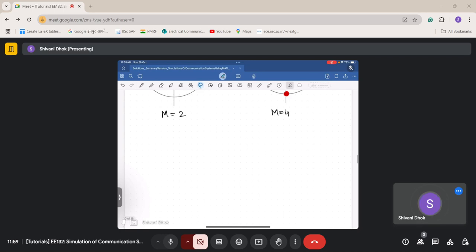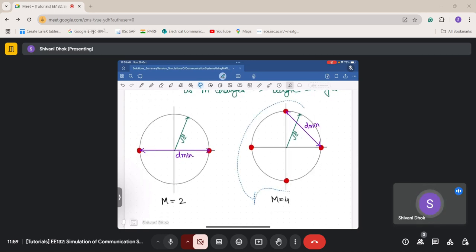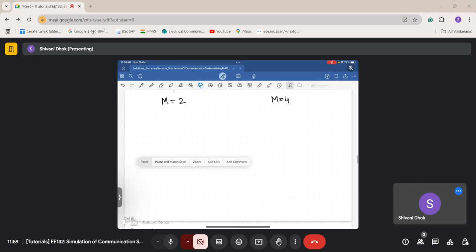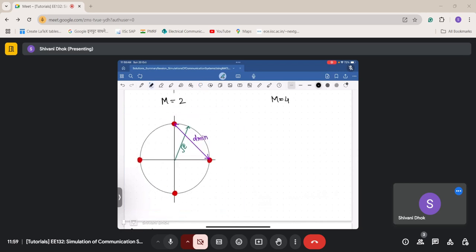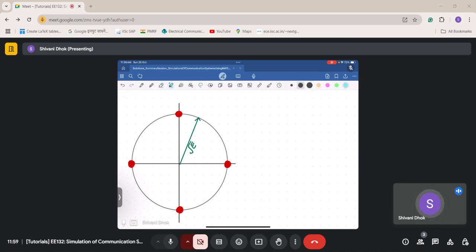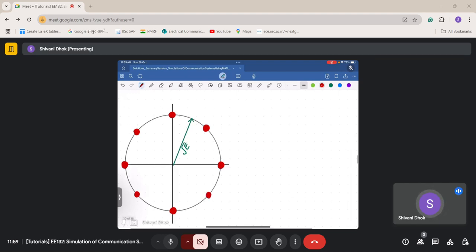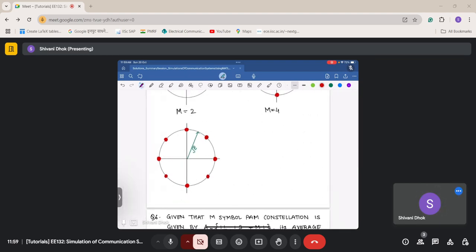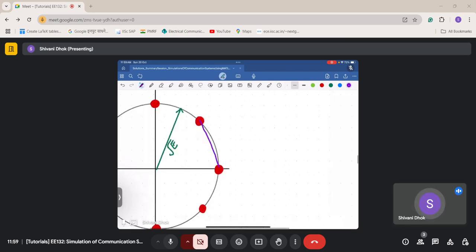Now let us take the same thing, and let us now look at M equal to 8. In that situation, we will add 4 more points. One will be here, one here, one here, one here. And now this is your d-min.